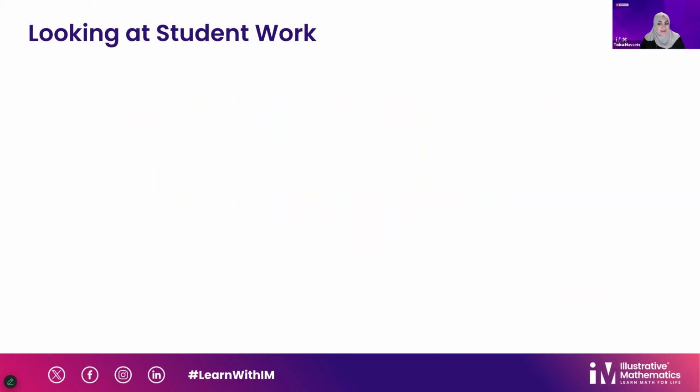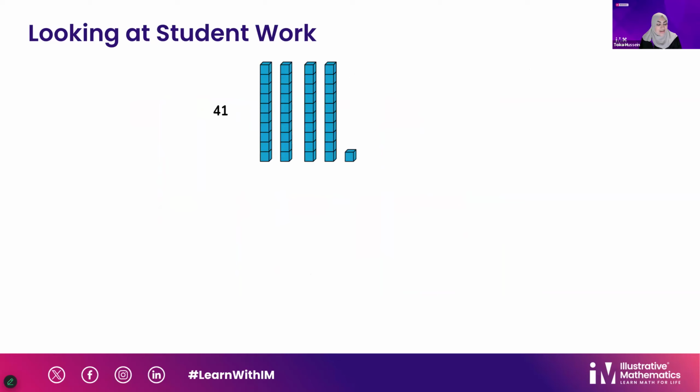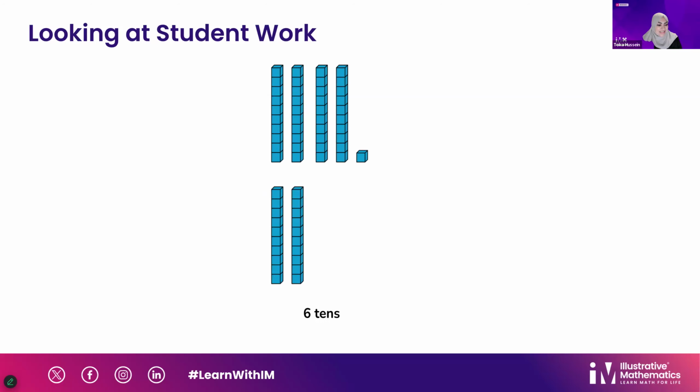Another strategy students might use is solving the problem with base 10 blocks. So this student, similar to our last one, starts with 41. Then they add 10s until they see there are 8 10s. So 5 10s, 6 10s, 7 10s, and 8 10s.